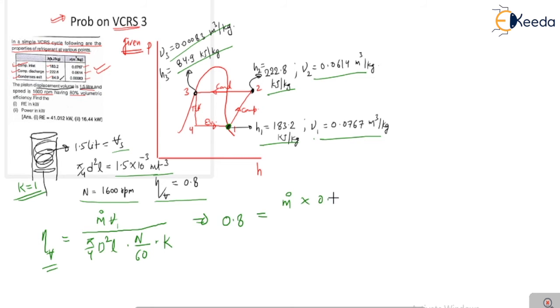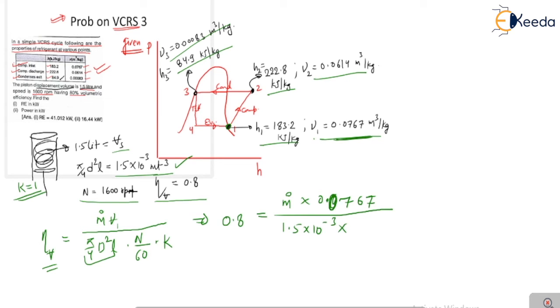That means 0.0767, this value 0.0767. Is it right? And divided by pi by 4 d square L. Pi by 4 d square L is this value, that means 1.5 into 10 to the power minus 3.